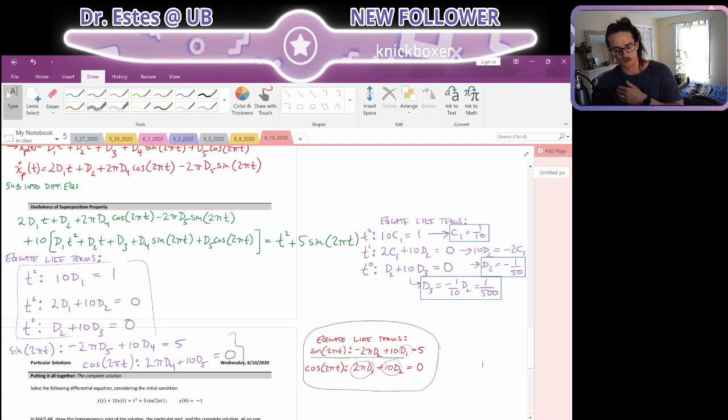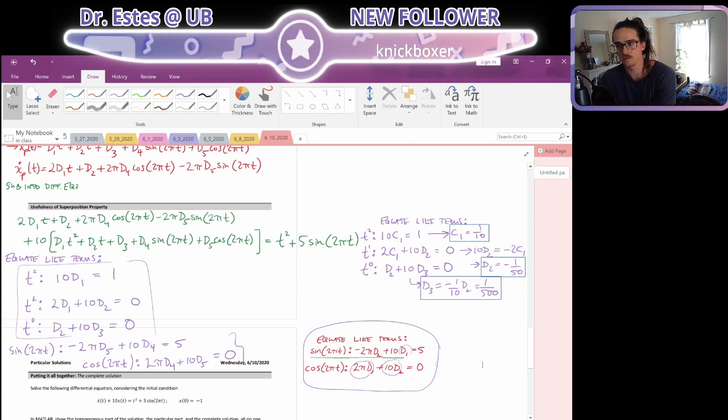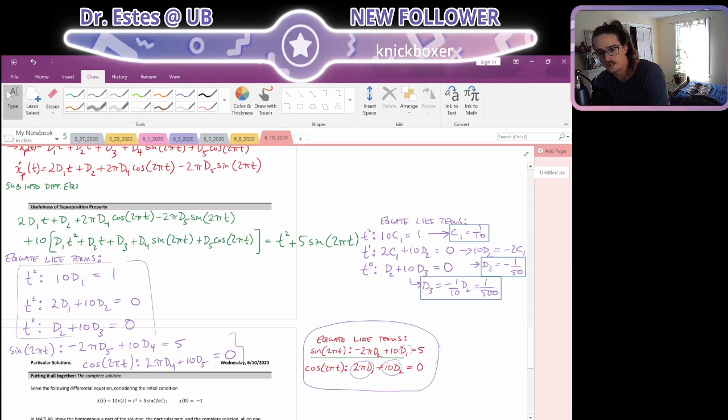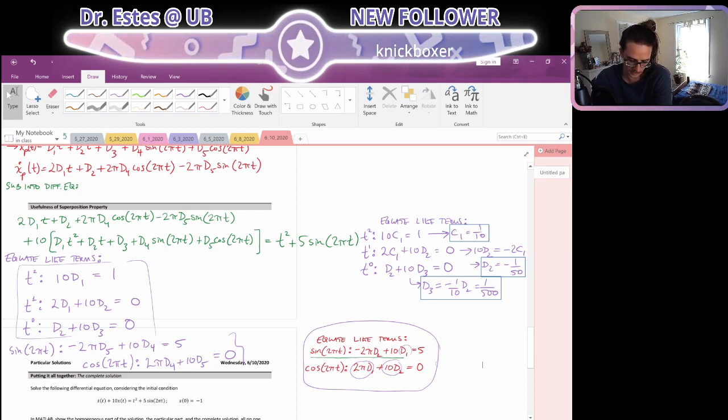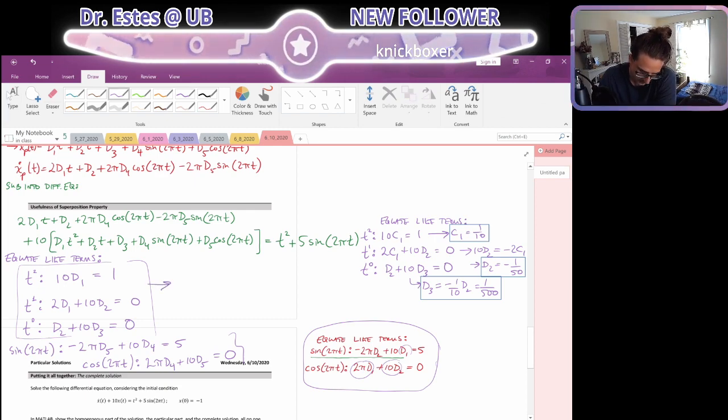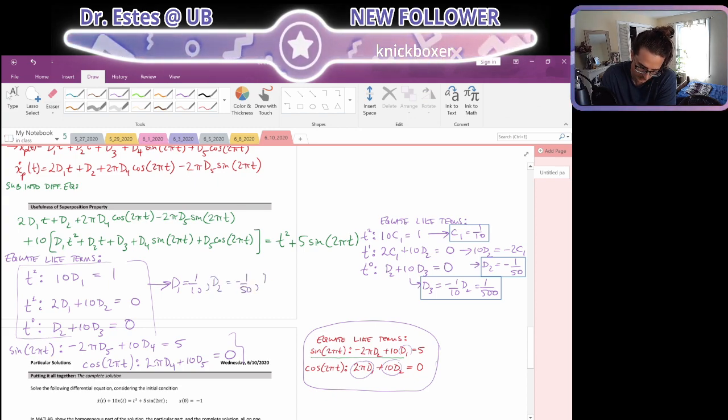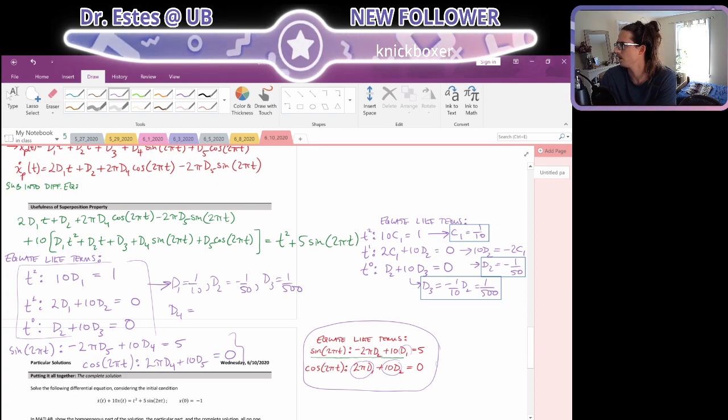Okay. So, fortunately, we don't have to solve this system of 5 equations, because I know that d1 from before is going to be 1/10. d2 is going to be minus 1/50th. d3 is going to be 1/500th. d4, what is that one?